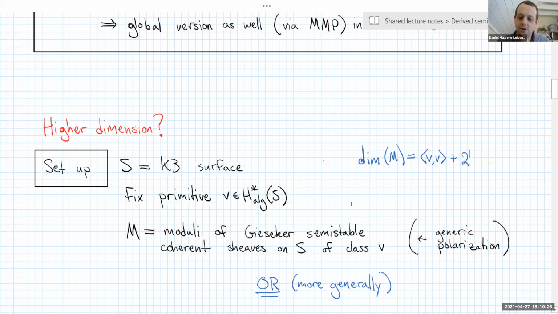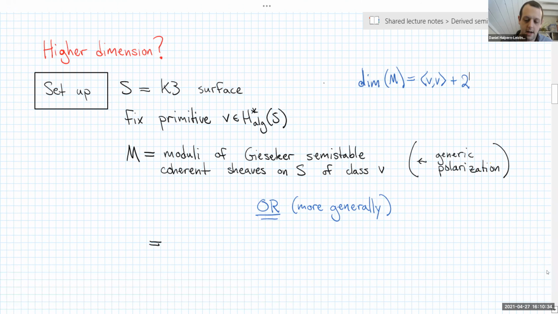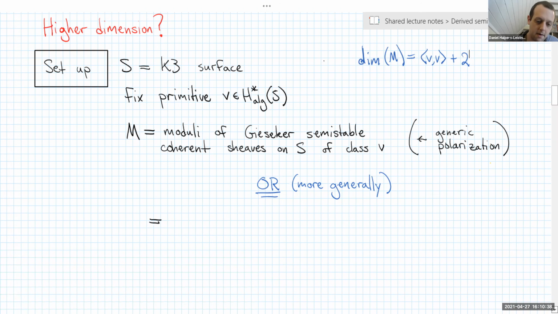So the only point of writing this down is that you could get examples of hyperkählers of arbitrarily high dimension, of course, even dimension, because they're hyperkähler. And then, of course, the more general picture would be that you consider the moduli of Bridgeland semi-stable complexes.